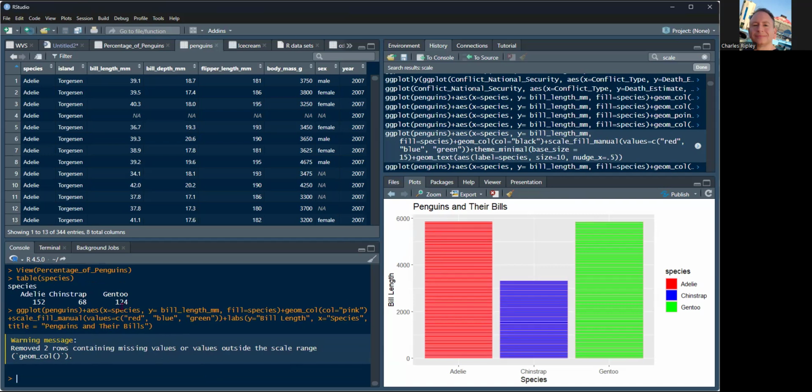So how does this match up? We have Adelie, Chinstrap, and Gentoo. This is the bill length. As we can see, these 2 are pretty similar.